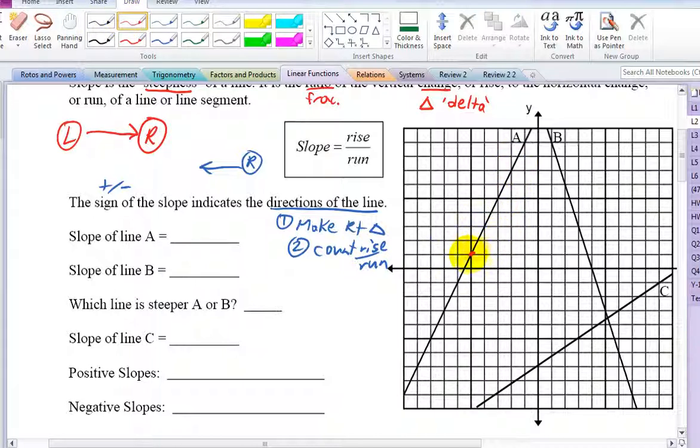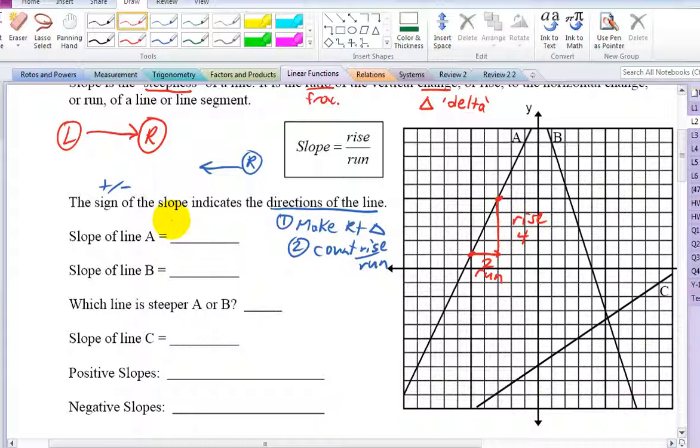Whole numbers come from where it touches the corner of a grid. So in those two spots, it touches the corner of the squares, so I can then make a right triangle. I can go over, and then I can go up. So this is my run. I have a run of 2 squares, and I have a rise of 4 squares.